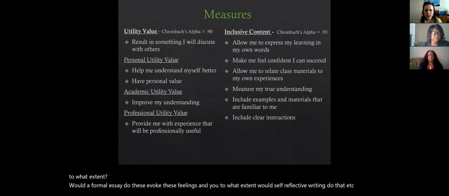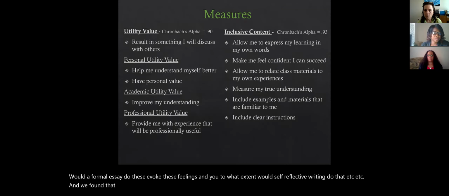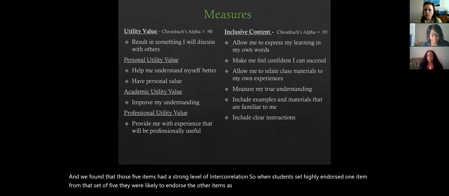And we found that those 5 items had a strong level of intercorrelation. So when students highly endorsed one item from that set of 5, they were likely to endorse the other items as well. And so we've now been using this as a measure with students of how they view the utility value in assignments.